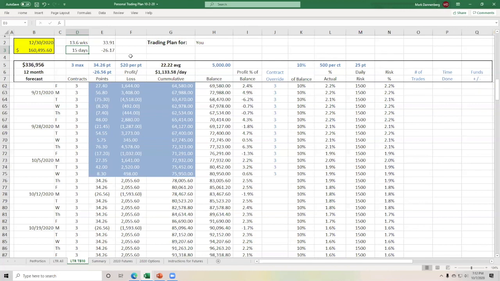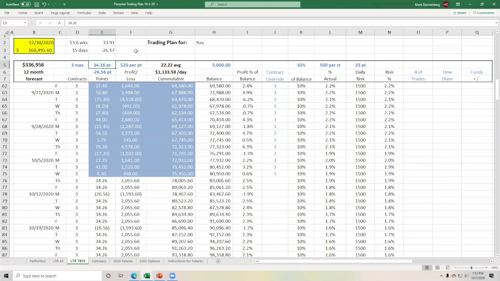Whatever it is, what these two numbers represent for us is an absolute value of the current to-date run rate. So our valuation is that our run rate is 33.91 points per day for winning days and minus 26.17 for losing days. Now, here's the most important thing you do.